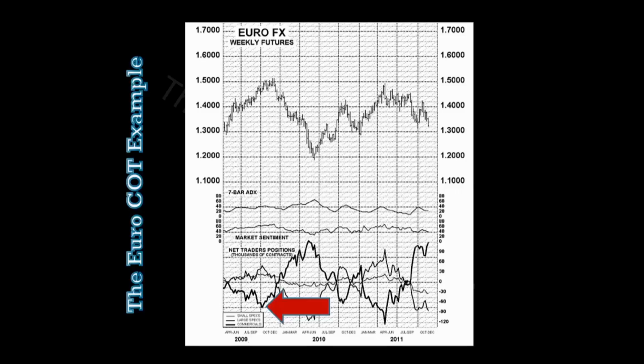Looking at where we are, just simply over, are we above or below the zero line? That's not enough. You have to have price action included with the understanding. Because if you're looking at this example here, you can clearly see that there was a diametrically opposed position between the two. Net shorts held by commercials and net longs held by the large speculators.